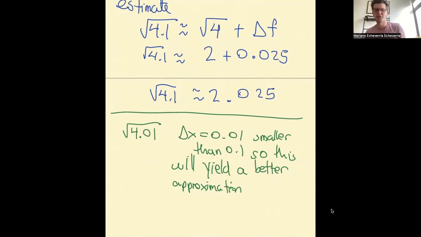If you take calculus 2, you may do some of it, but we won't get into that. There's a theory of error, of how far away from the truth value you could be. But at a minimum, philosophically, the smaller delta x is, the better this is as an approximation.